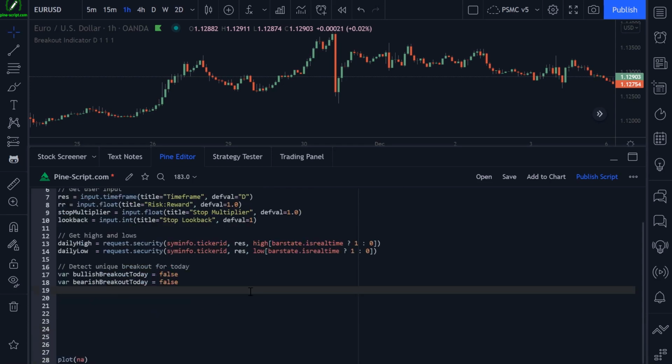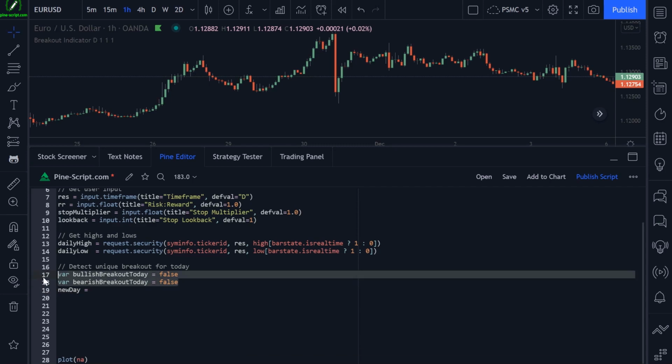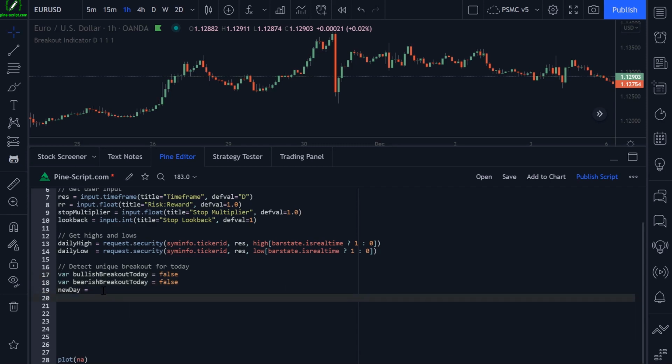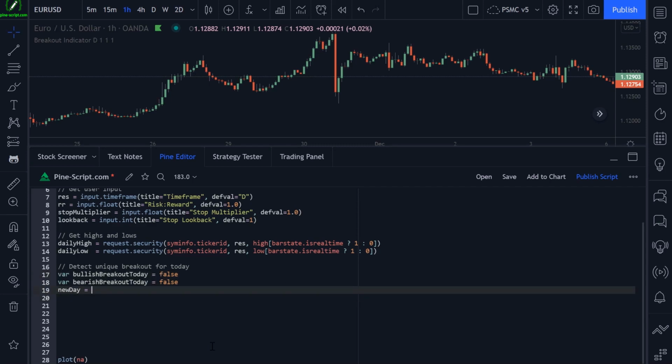But the next thing we need to do is check if we have a new day beginning. If a new price action day is beginning, then we need to reset our unique breakout flags. So to detect a new day in price action, through PineScript, we need to use the ta.change function. And we are looking for a change in the time function for our daily chart.